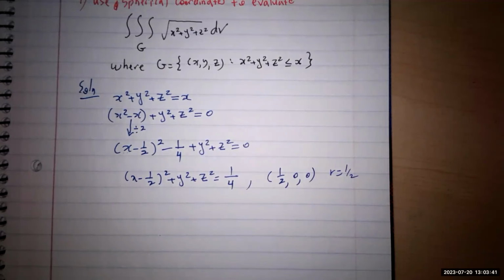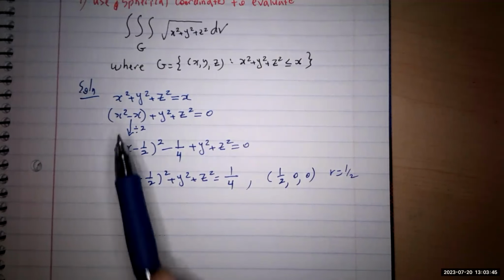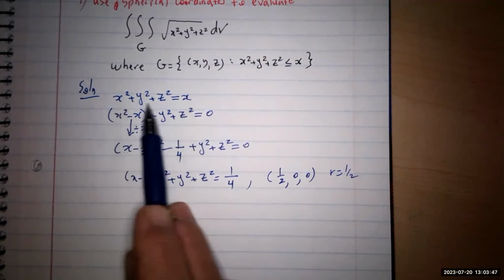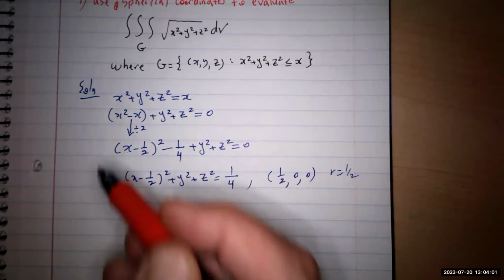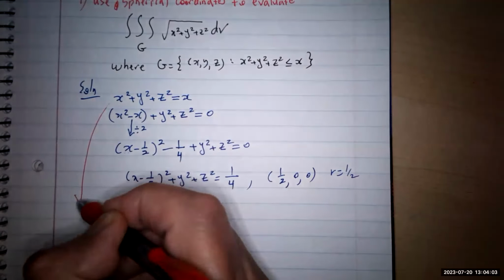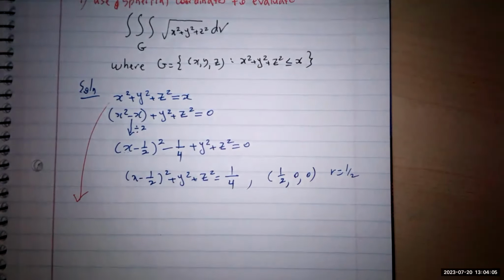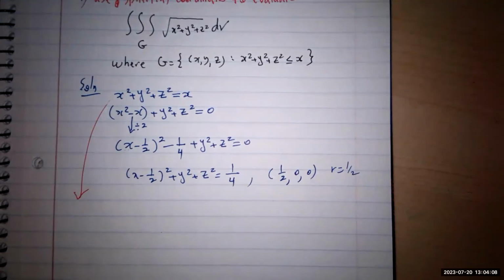So to see what the restriction for your rho is going to be, you have to go back and substitute the spherical coordinates for x, y, z to find out the restriction for rho for this type of sphere. This is the way we're going to do it, because it's not going to be like the other one. So I'm going to try something else.